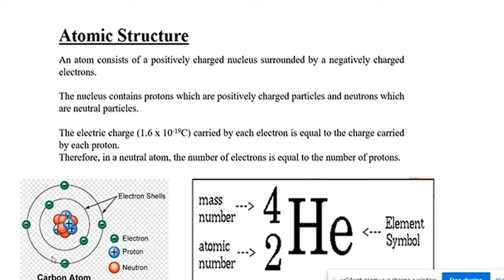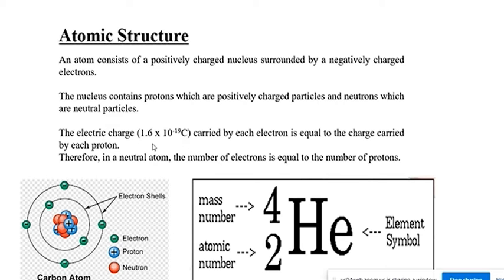If you have an atom, it is called a neutral atom, meaning you have the same number of protons and electrons. Because if the positives and negatives are equal, then we call it neutral. The nucleus contains protons, which are positively charged particles, and neutrons, which are neutral particles, right? Please note this: the charge of an electron is 1.6 times 10 to the power minus 19 coulomb, right?